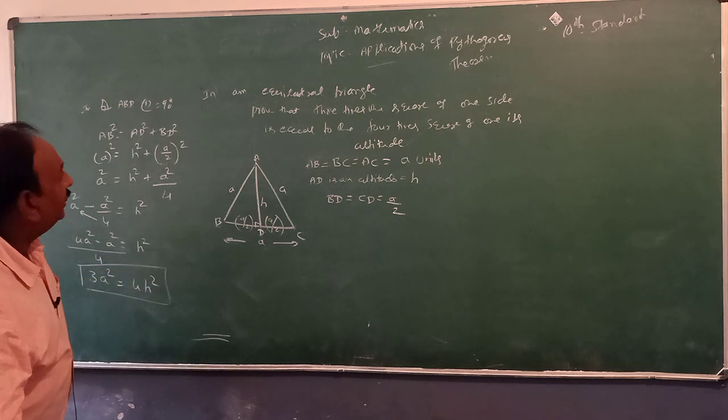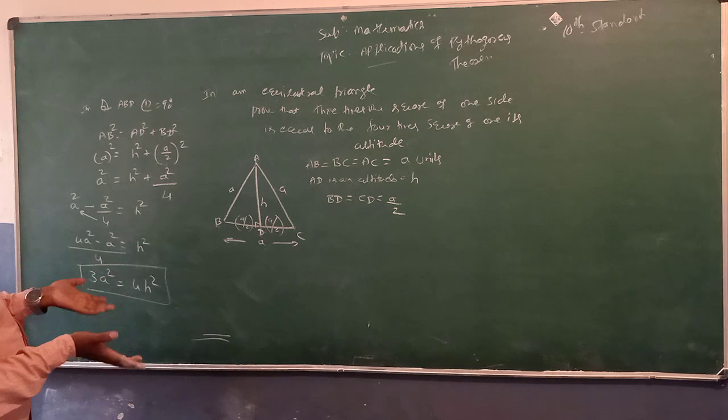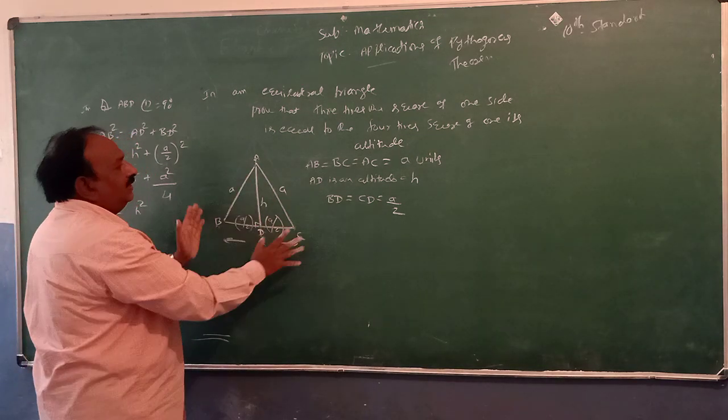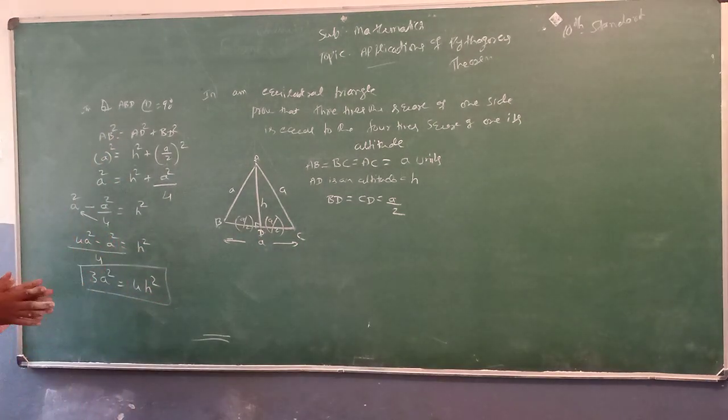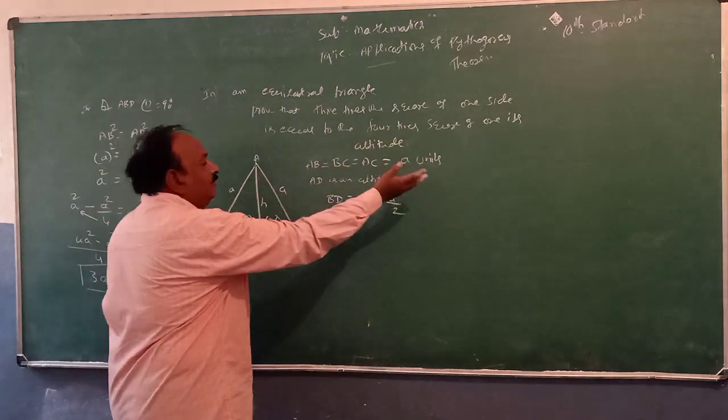I want to explain it once again. In an equilateral triangle, prove that 3 times the square of one side is equal to 4 times the square of one of its altitudes. AB is equal to BC is equal to AC is equal to A units, because in an equilateral triangle all sides are equal.